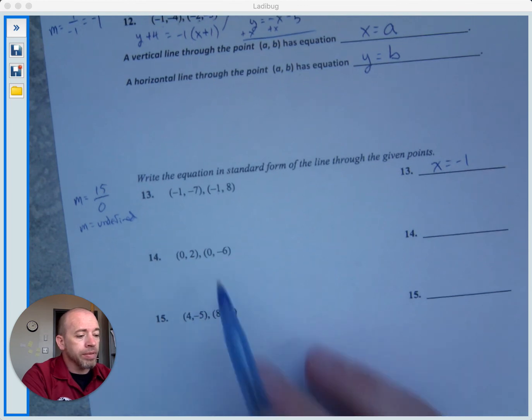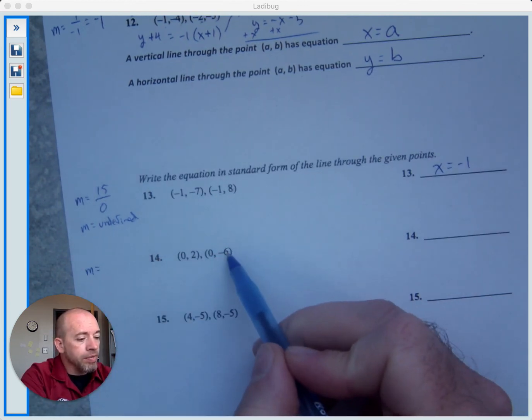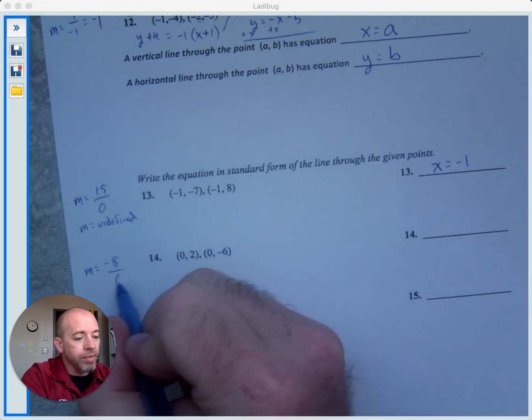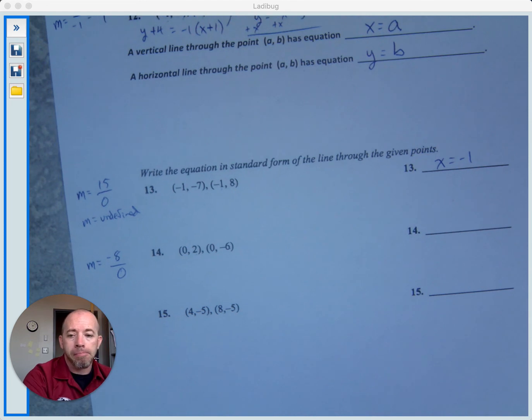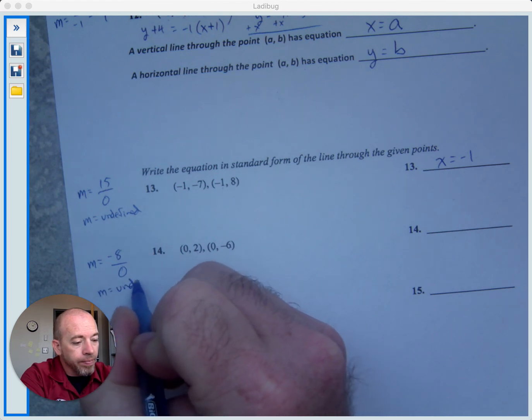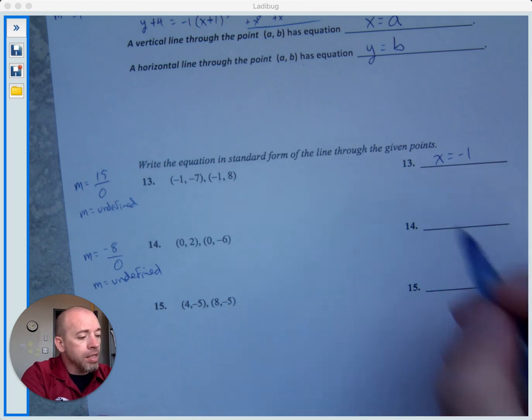So let's look at this one. Slope. We take negative 6 minus 2, that's negative 8. Divide by 0 minus 0, which is 0. Guess what? Slope's undefined again. Slope's undefined, that should tell you it's a vertical line.